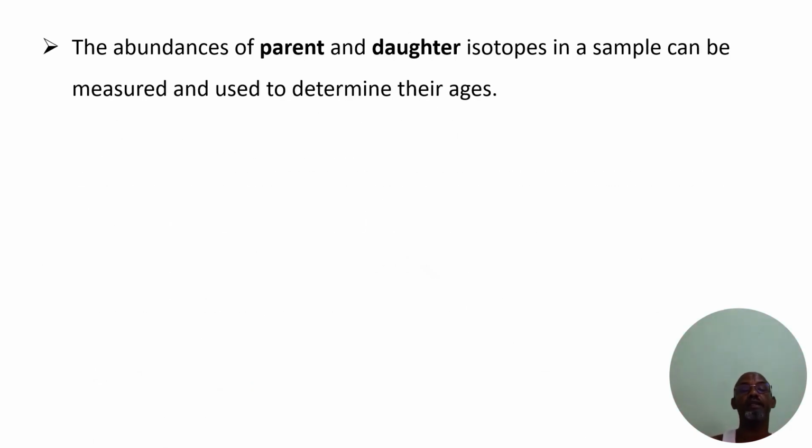The abundance of parent and daughter isotopes in a sample can be measured and used to determine their age. You see, if you know a certain fossil has a radioactive element, by detecting the amount left in the course of time, you may give the exact age of that rock, or by comparing the parent and the daughter isotopes in a sample, because the parent radioactive element changes into the daughter element.